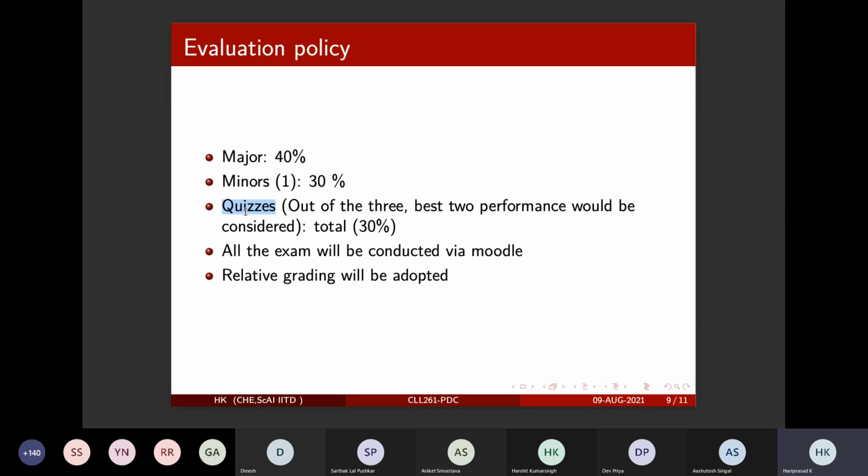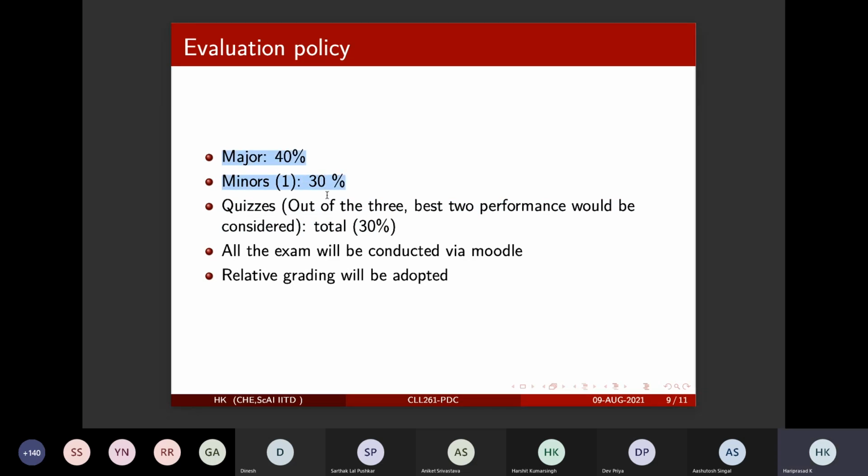So make sure that you attend, and since it is a large class, I strongly discourage any rescheduling beyond the scheduled timing. If you miss a quiz, of course there are 2 out of 3, so you can try the other one, but if you are missing 2, it would be very difficult to compensate. So make sure that you attend all the quizzes and give your best shot, because the class size is huge and scheduling becomes a problem.